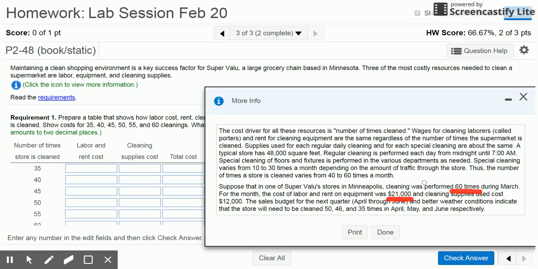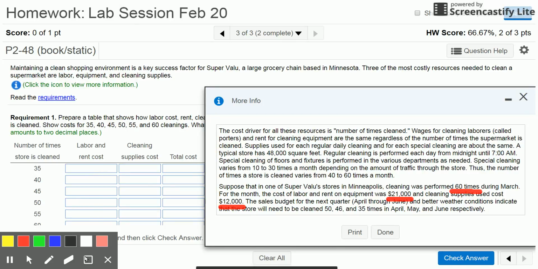So if you clean the store one time, you need the labor and equipment, so you have to pay the rent. But our cleaning supplies used are different. If you clean more, you need more supply of cleaning stuff. So for 60 times we spend 12,000, which means for each time we are spending $200.